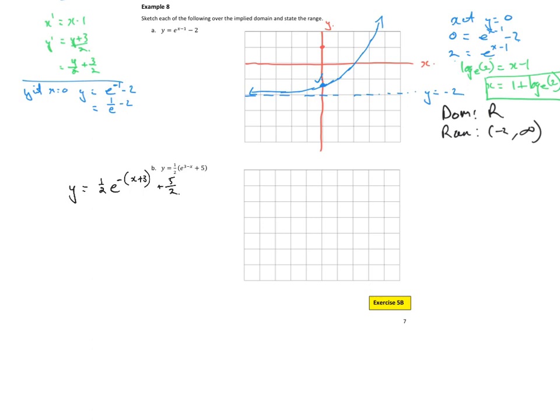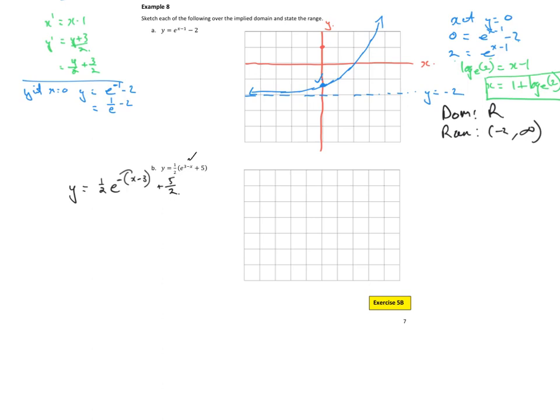Let's just check to make sure we've got that right. If I multiply the negative sign in, I get negative x minus 3, which isn't right, is it? So let's check that. Negative x times a positive, negative is positive. So that becomes 3 minus x, which is that. That's good. 5 on 2 is right, so that looks better.